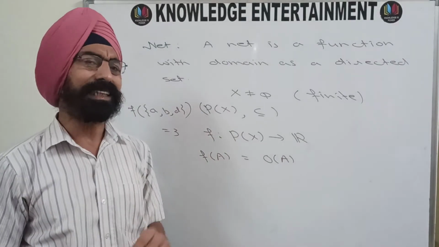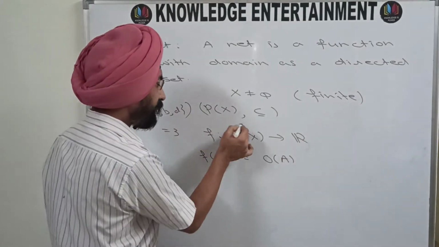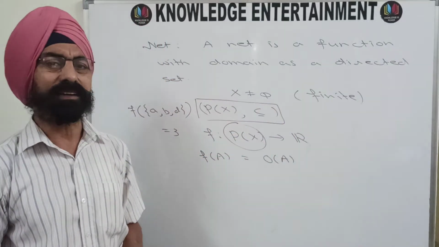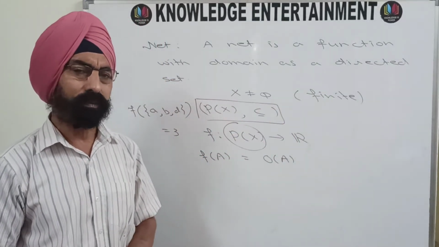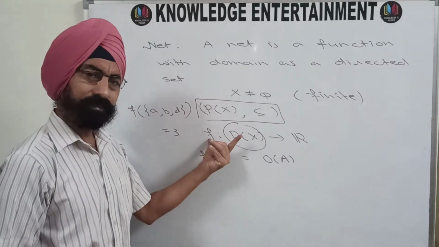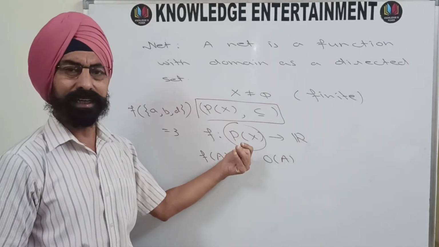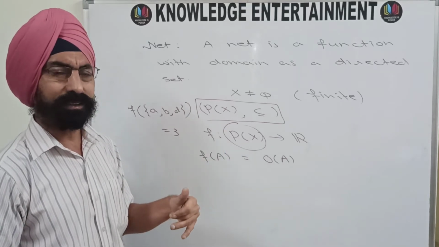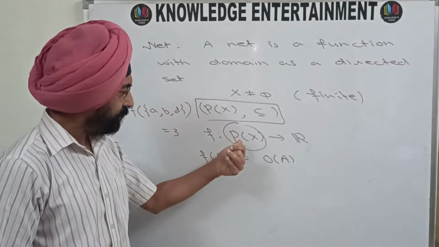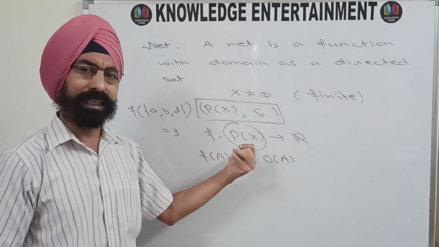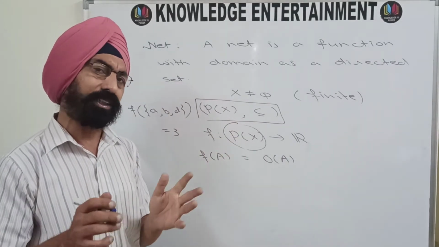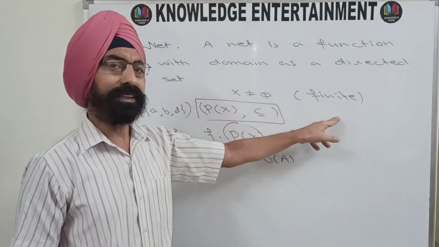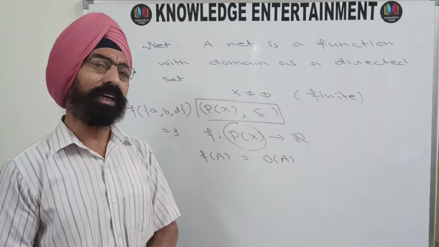This function is also a net, because the power set of X along with the subset relation is a directed set. We have proved this in our previous video. So this function, where the domain is a directed set, is a net, but it is not a sequence. First of all, the domain is not the set of natural numbers. Secondly, X is finite, so the power set of X is also finite.